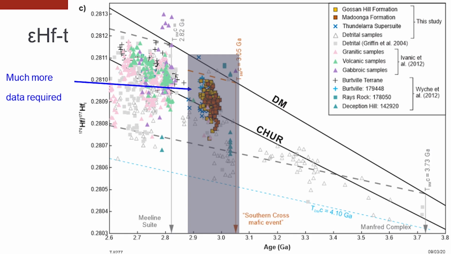And I would suggest that we've only looked at a few of these packages so far, and I think a lot more data will really define that in a much more intricate fashion because, for example, we are getting detrital zircons that plot way off that field here that we've found at Golden Grove and at the Weld Range.